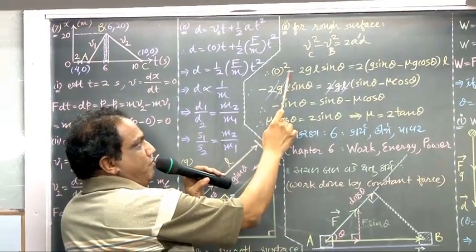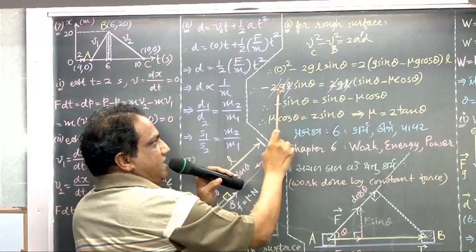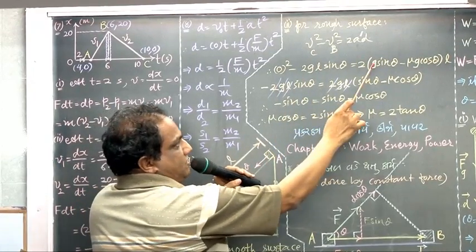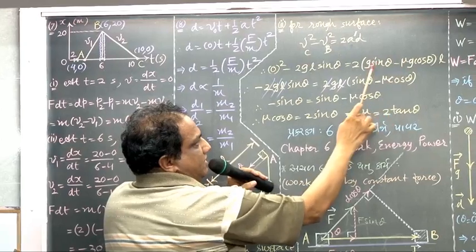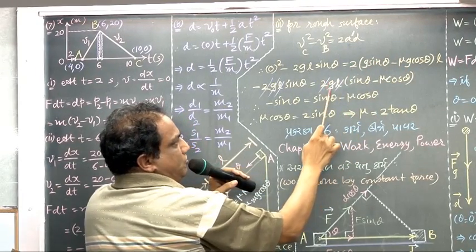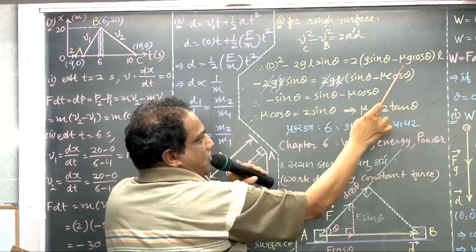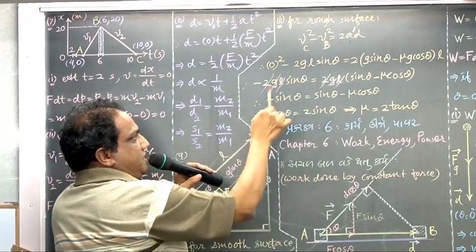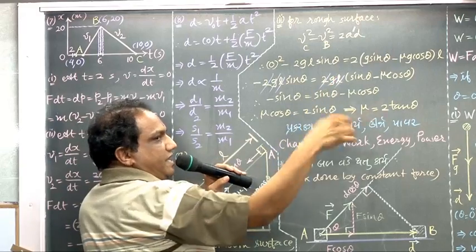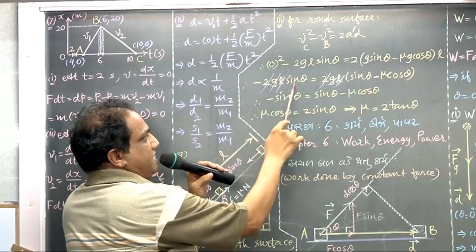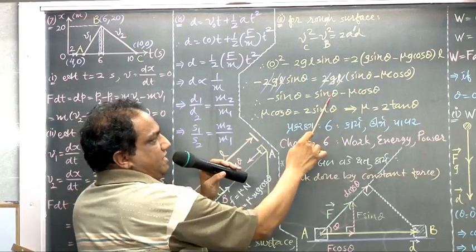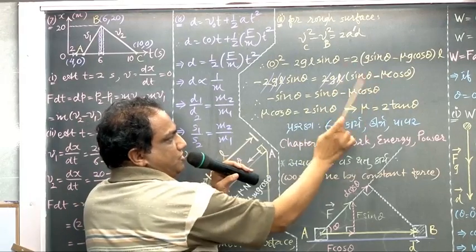This is 0 minus 2gL sin theta. Can I take 2gL common? Into sin theta minus mu cos theta. 2gL gets cancelled. Minus sin theta is equal to sin theta minus mu cos theta.